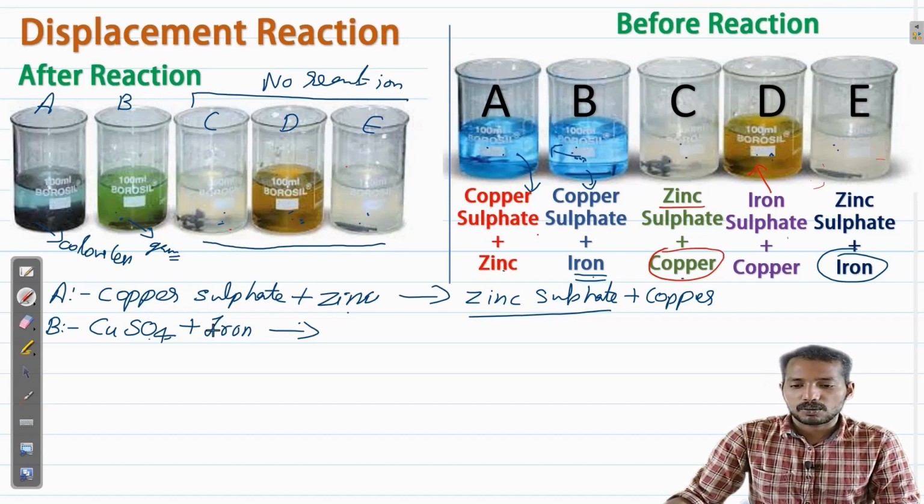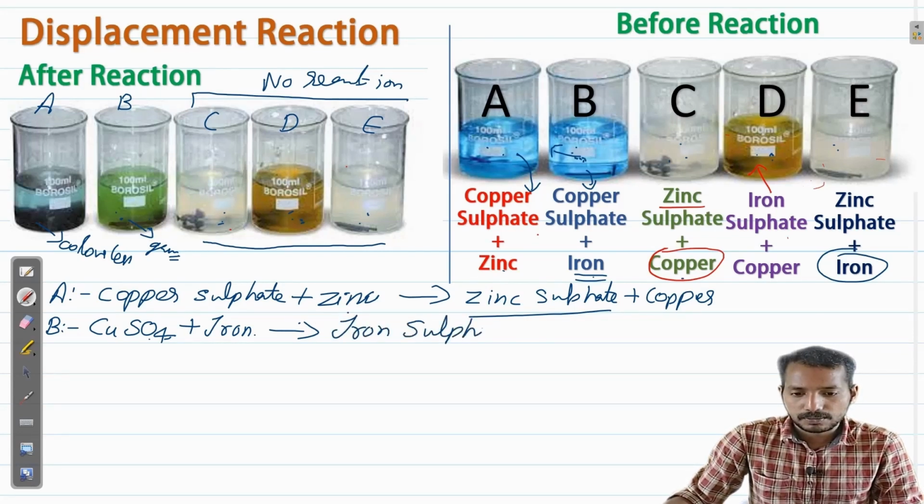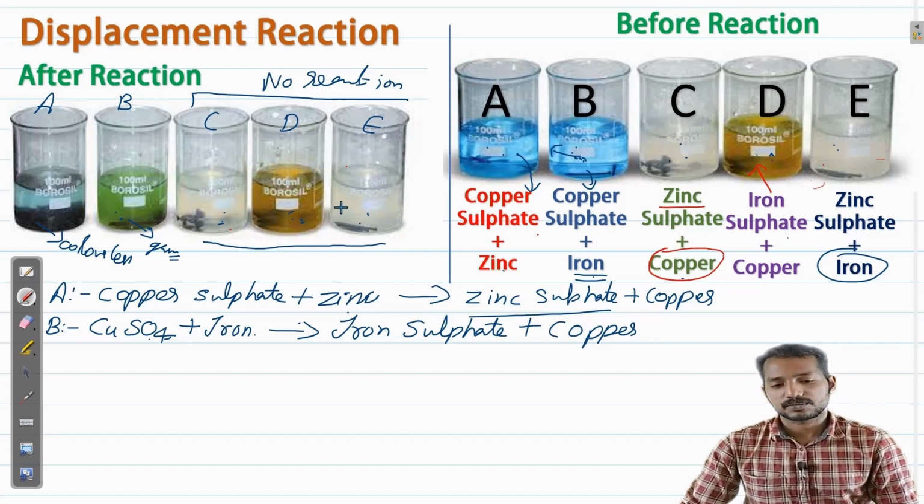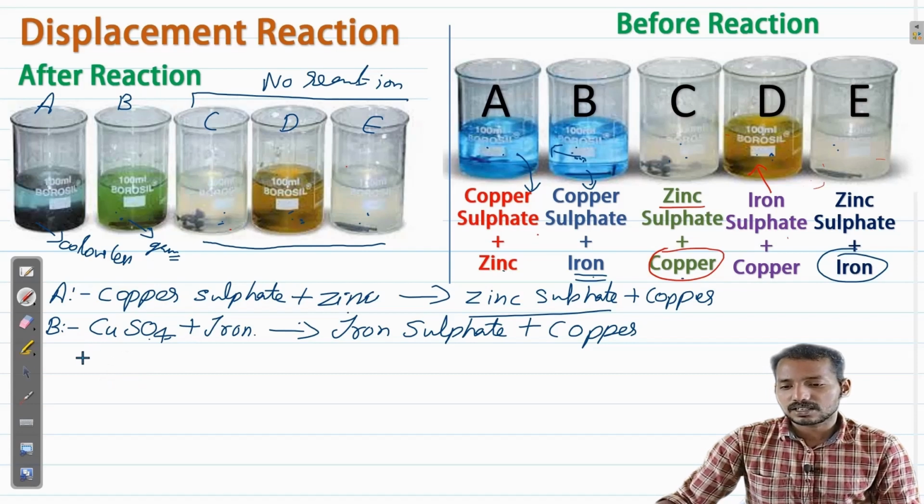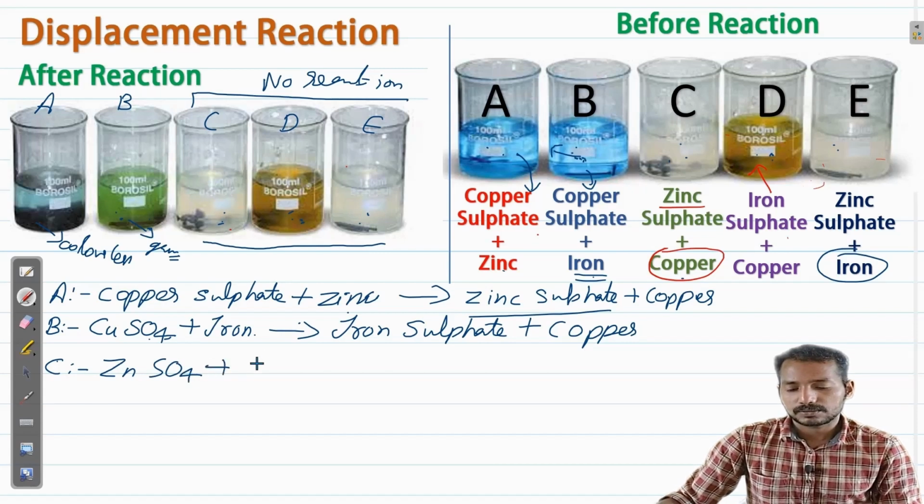Clear? That means copper sulfate and iron, the iron has displaced copper from the sulfate. So we got iron sulfate plus copper. Clear? And what happened in these three beakers? In beaker C, we have taken zinc sulfate and copper. Is there any reaction? No reaction.